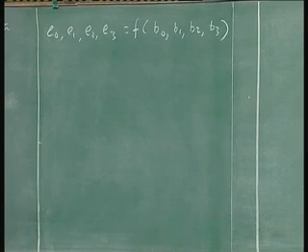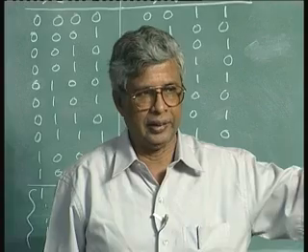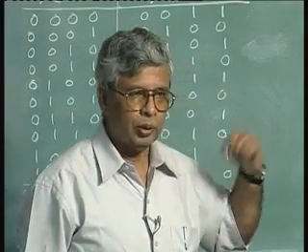Is it not? That is our job. Once we have these functions simplified to minimum form, then I know how to proceed, because I can buy those gates, put them together, and get the circuit to work. Let us quickly do this.